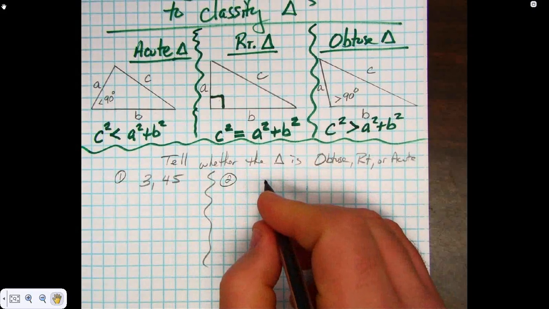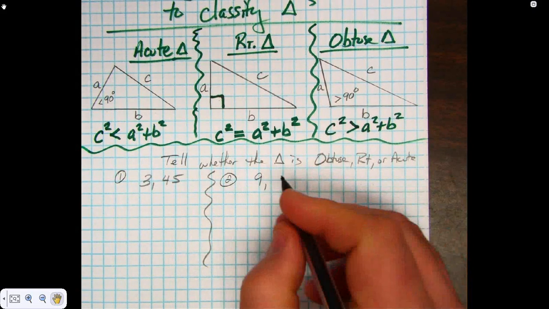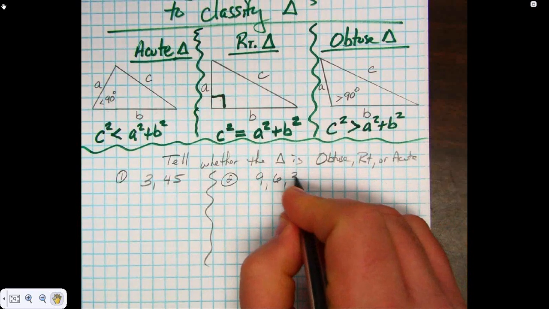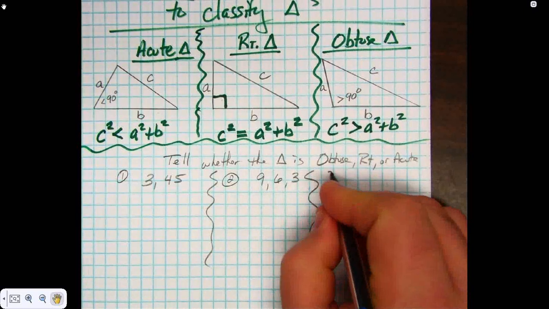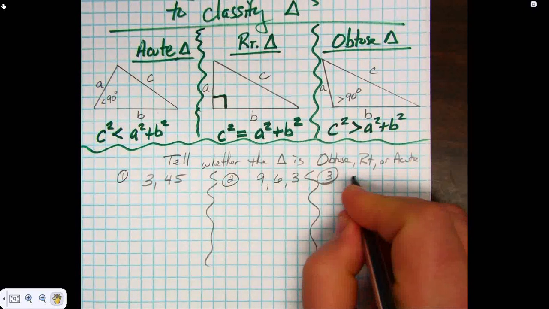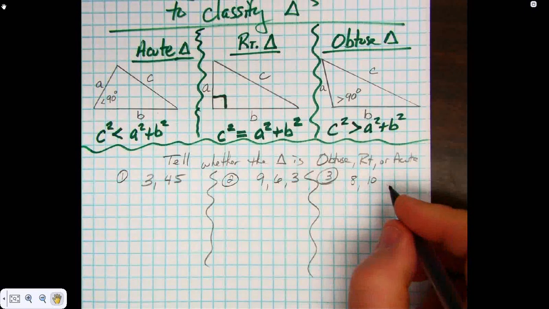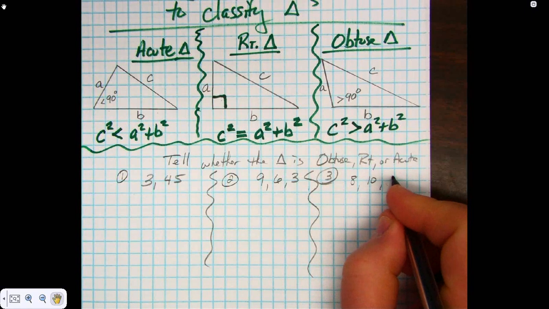Then they might have one like this: 9, 6, and 3. Then they might have one like this: 8, 10, and 9.